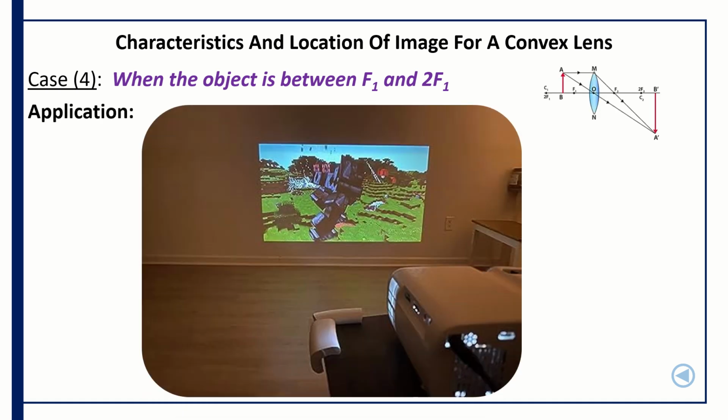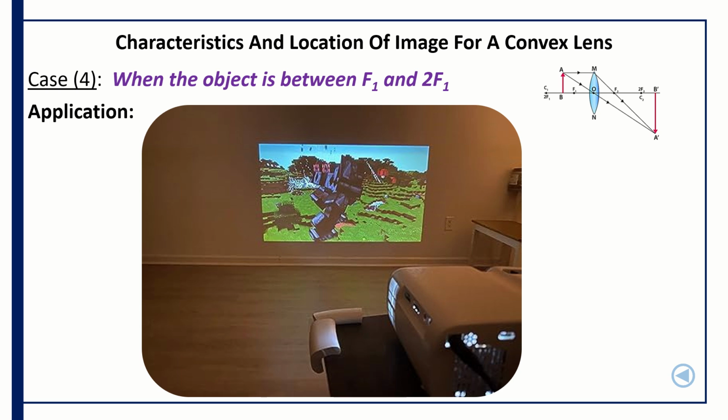Now let's try to understand when we use projectors. We use the projectors and we keep the object between f1 and 2f1, so it creates a magnified real inverted image. Now you may ask a question: when we keep the thing in a projector, we are getting a normal, not inverted, but an erect image.